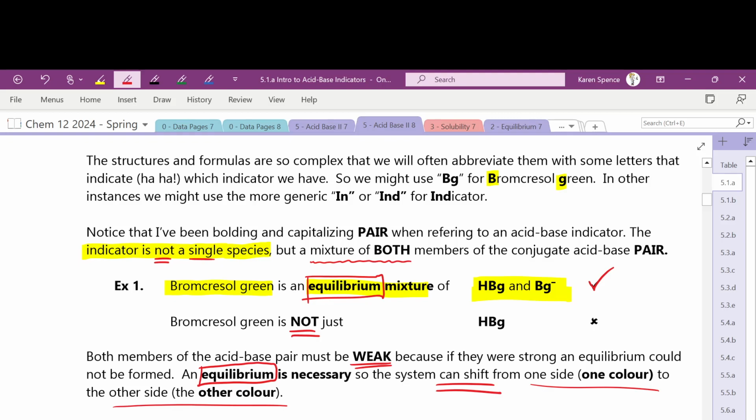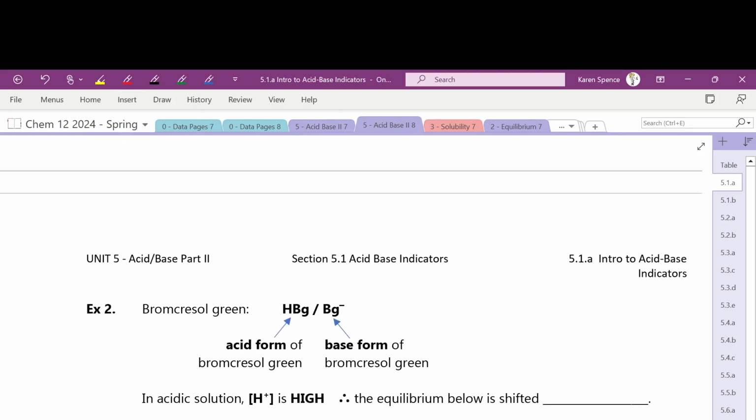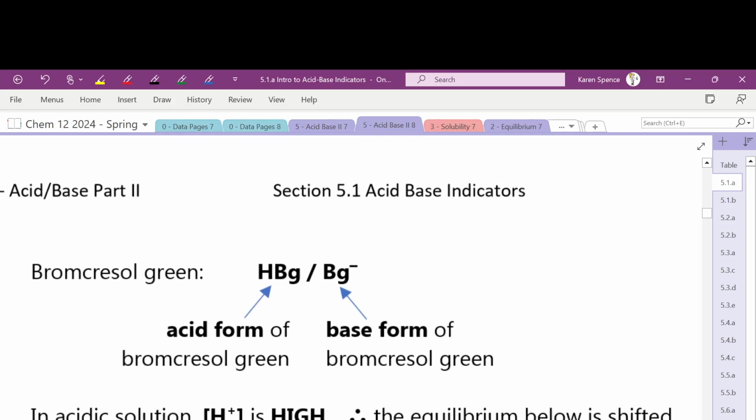So what's an indicator? It is a weak conjugate acid-base pair where one member of the pair is one color and the other member is a different color. So here's brom-cresol green. We have the acid form of the indicator, which was yellow, and we have the base form of the indicator, which is blue.